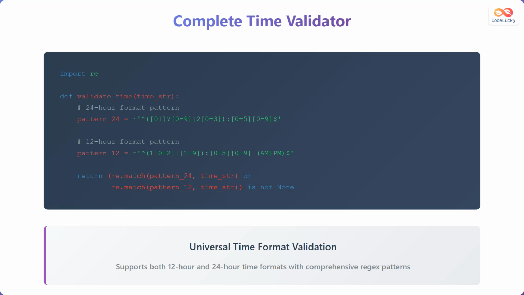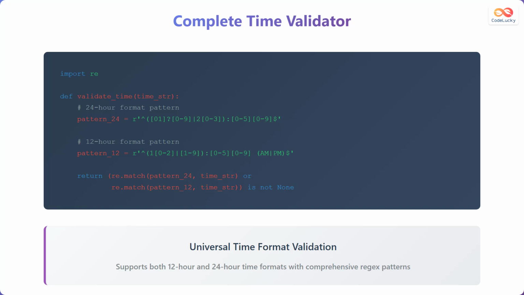The pattern for 24-hour format is '^([0-1]?[0-9]|2[0-3]):[0-5][0-9]$'.